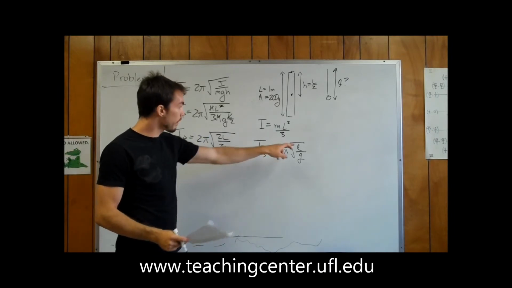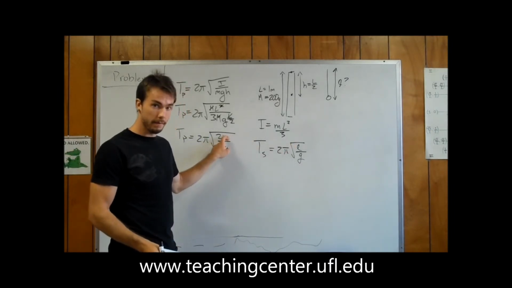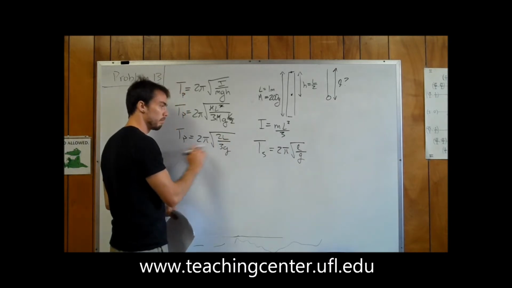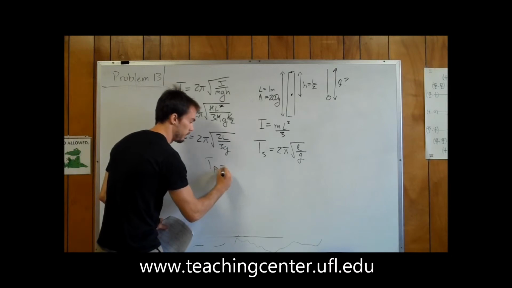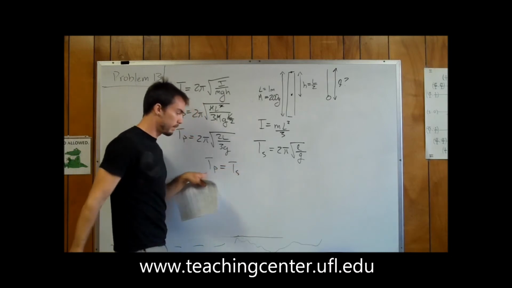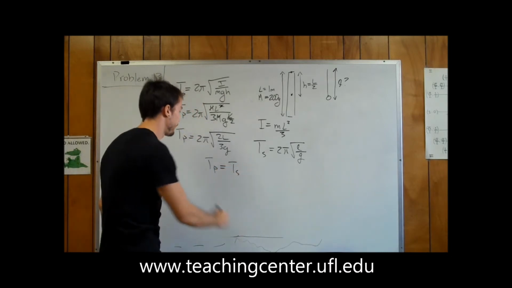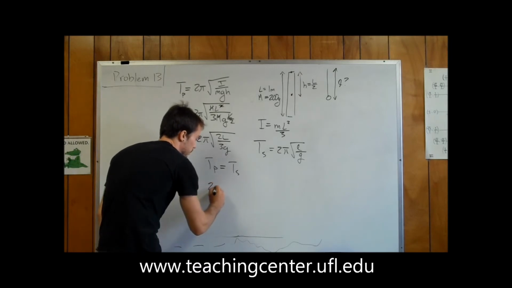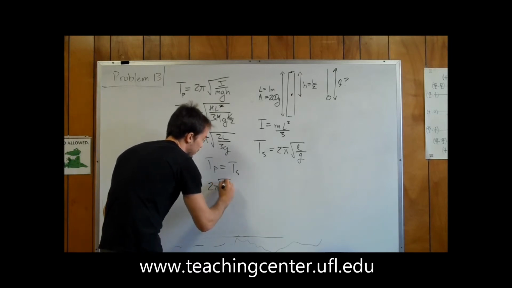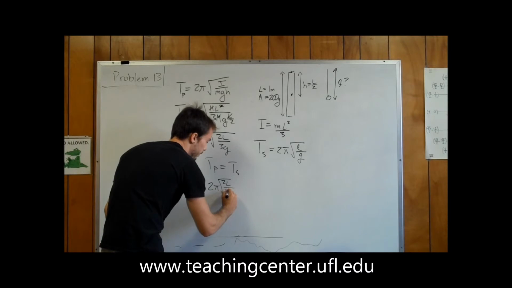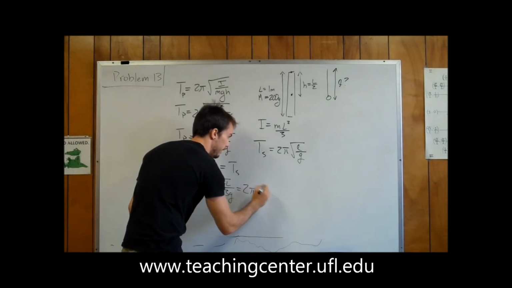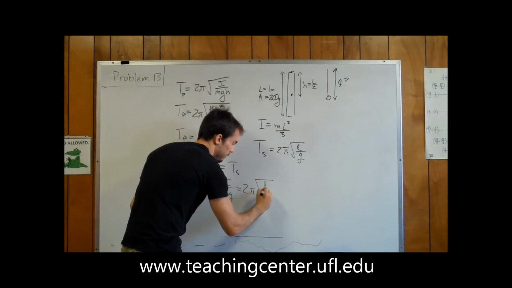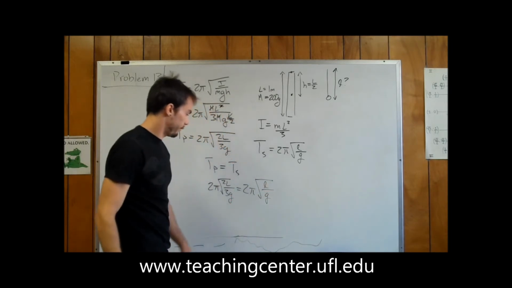So we want to figure out what lowercase l is in terms of capital L. I'm just going to set them equal because we want the periods to be equal. That is how the problem is designed. So we can say that 2 pi root 2L over 3g is going to be equal to 2 pi root lowercase l over g.